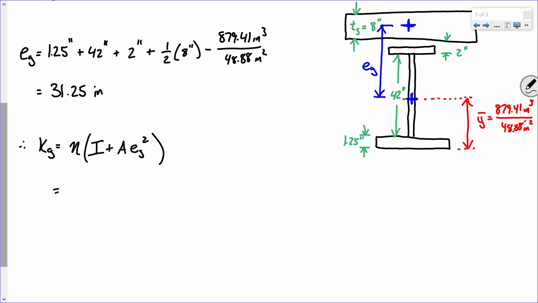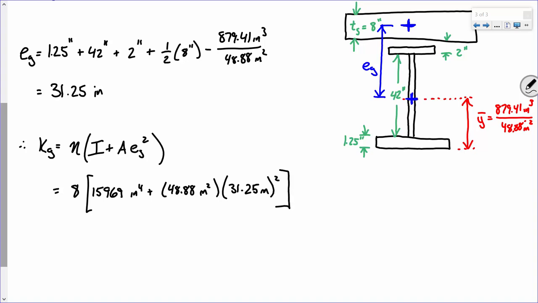So that is 8 times, I'm going to do brackets, what was that, 15,969. And then 31.25 inches squared.